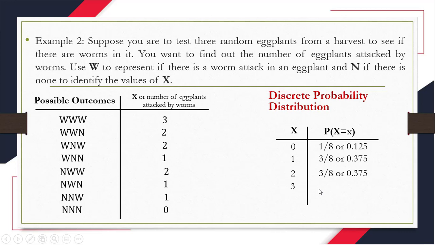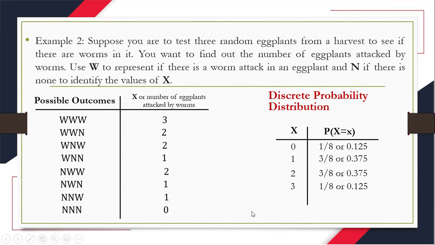The probability that X is equal to 3 is 1 over 8, or 0.125. What you need to remember is that we need all the possible outcomes with their corresponding values of X. Then we only need to count the repetitions of each value to determine the probability of each value of X.